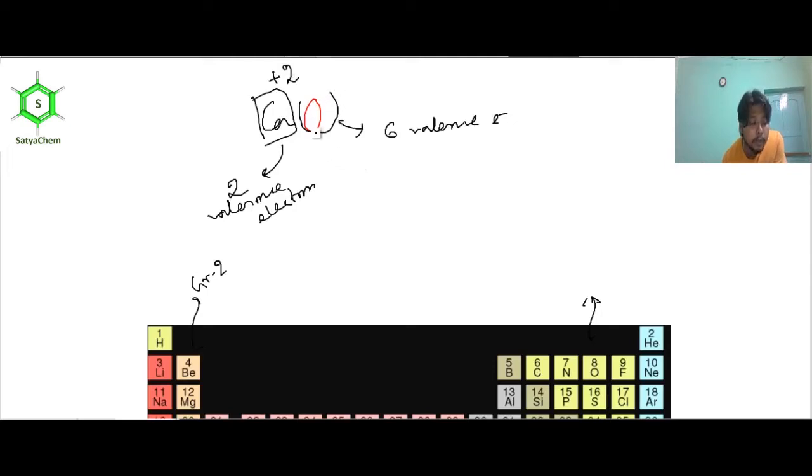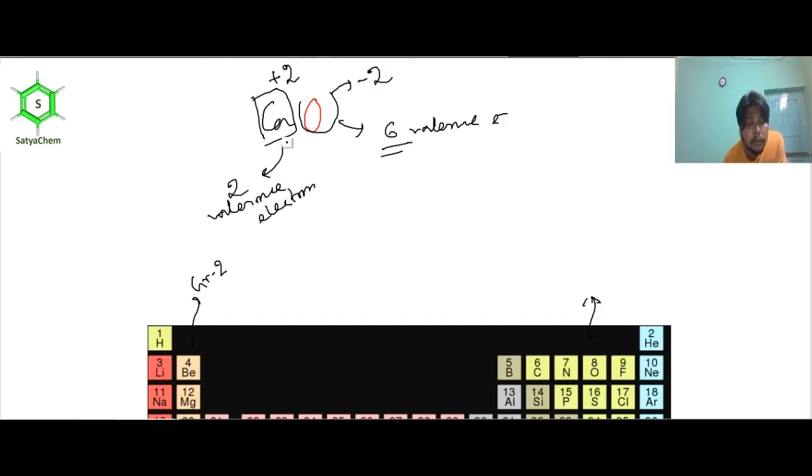And oxygen has a tendency to gain electrons. So if it gains 2 electrons, then it will have the neighboring noble gas electronic configuration. So I will put a +2 charge on calcium and a -2 charge on the oxygen atom.